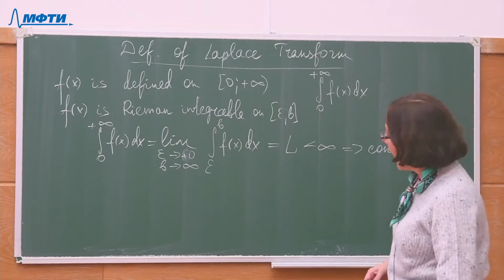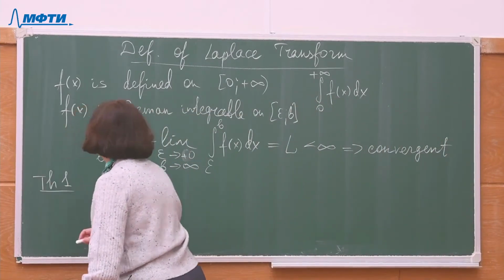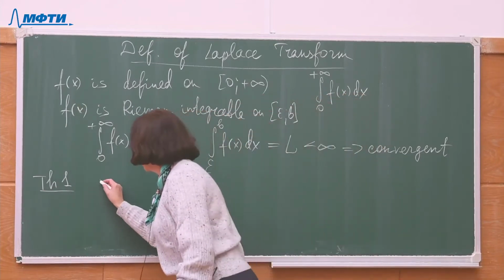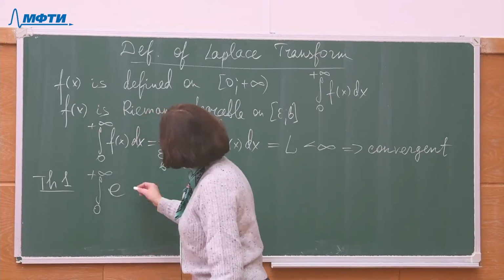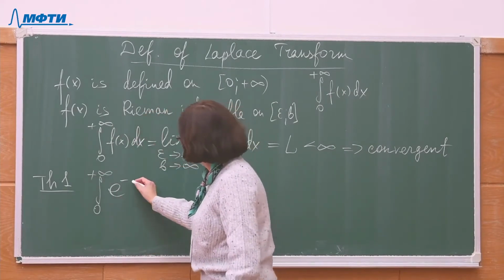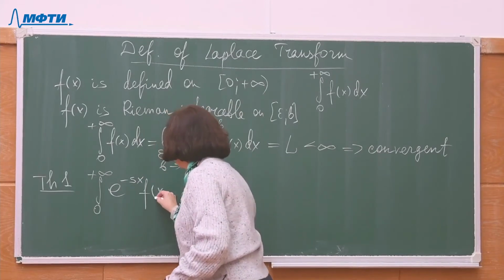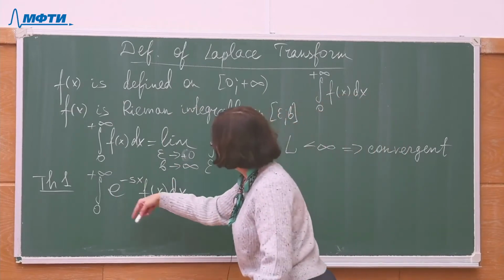Well, and we will start with the theorem. So let's consider the improper integral of the form e raised to the power of minus sx times f of x dx. Let's discuss this integral.